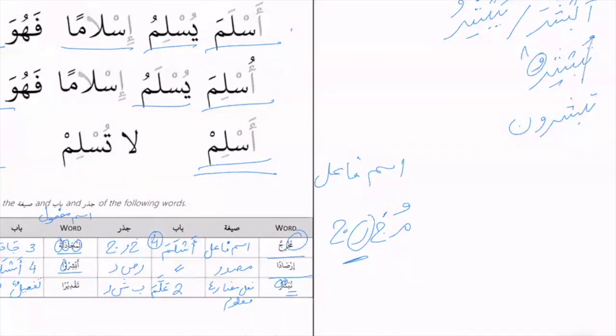We need to drop this ta, and we need a helper alif, right? And what sign is the helper alif getting? What harakah? Because this is the aslama family, right? Always fatha. So that will be abshir.